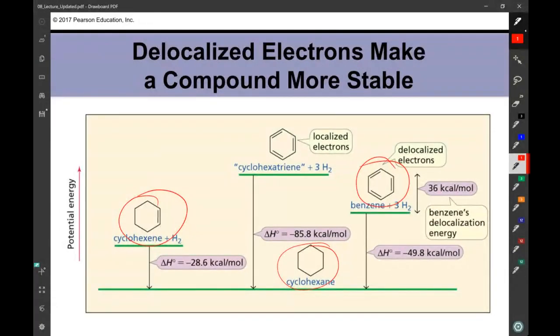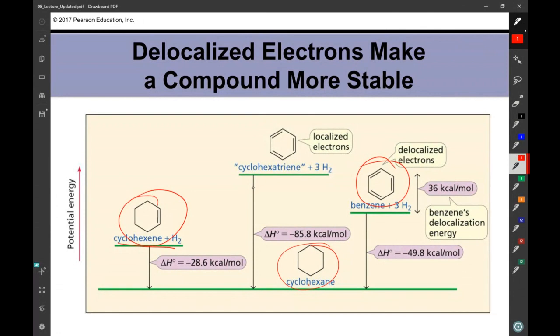And so among these structures, let me see. Dr. Zico, why is the first one, cyclohexene, less stable than the cyclohexane without a double bond? No, cyclohexene is more stable than cyclohexane. But in this case, the comparison is a little bit misleading.